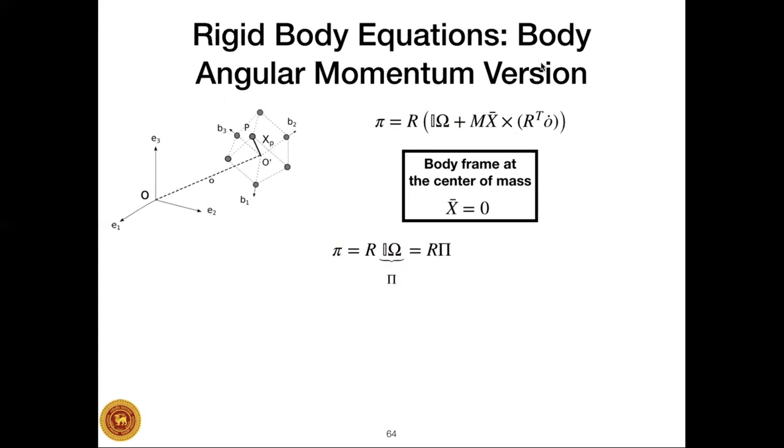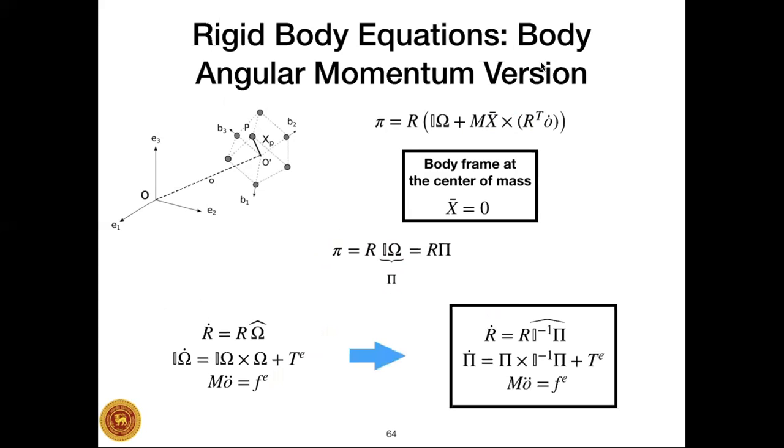That's called the body frame version of the angular momentum, or for short, body angular momentum. Now, if you write down Euler's equation in terms of the body frame quantities, you get this equivalent set of equations. We derived this by fixing the frame at the center of mass. This just converts to this, and so sometimes it is convenient to use these equations, sometimes it is convenient to use those equations.